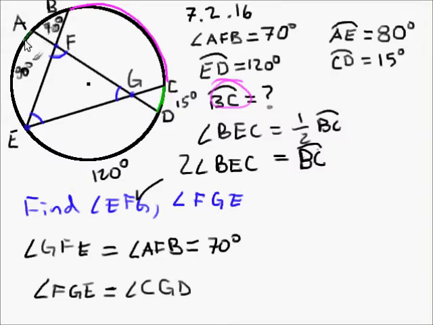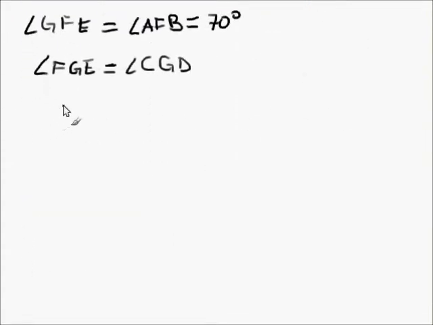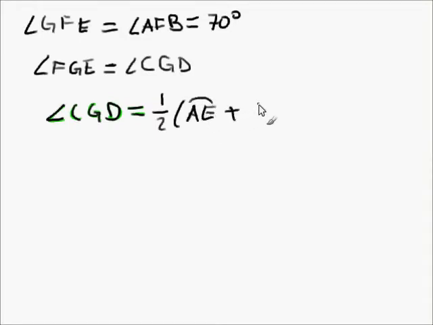Well, we have a theorem for this. Angle CGD is going to be equal to half the sum of those arcs, so that's arc AE plus arc CD.